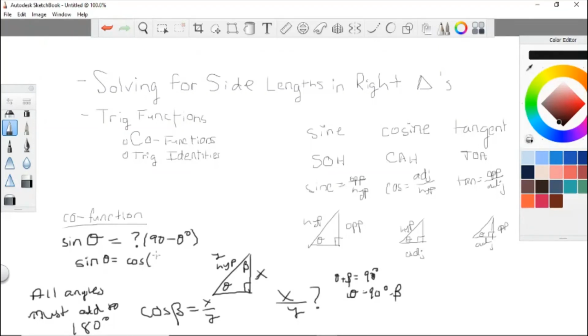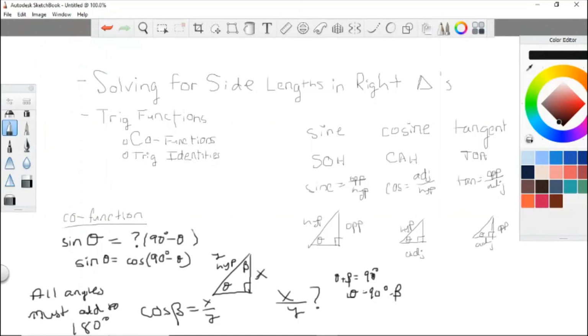And this brings us to our first trig identity that we are learning today, and that is sine of theta equals cosine of 90 minus theta.